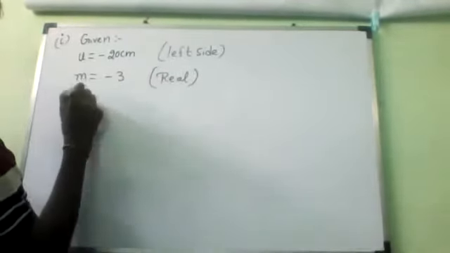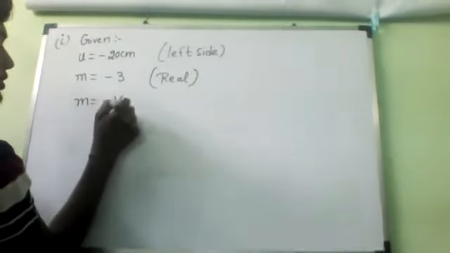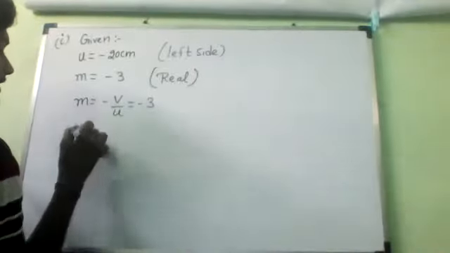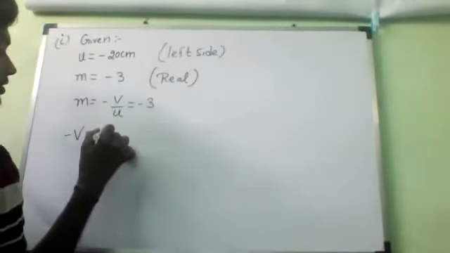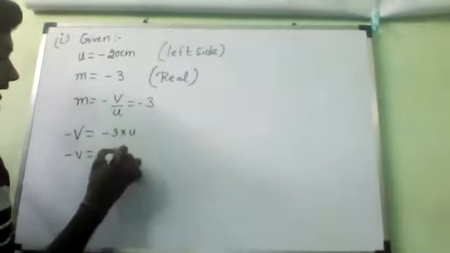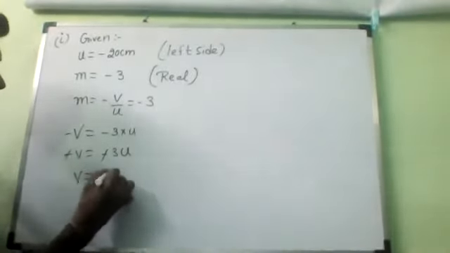So as we know, magnification is equal to minus V by U, which is equal to minus 3. So minus V is equal to minus 3 into U. Minus minus will get cancelled. V is equal to 3U.